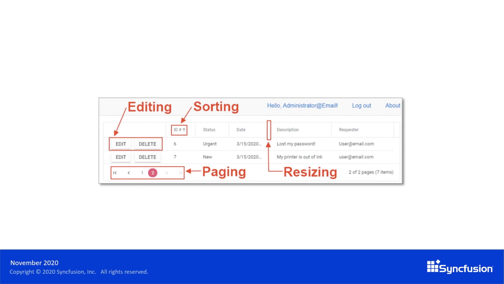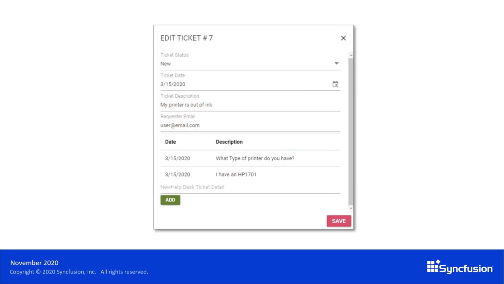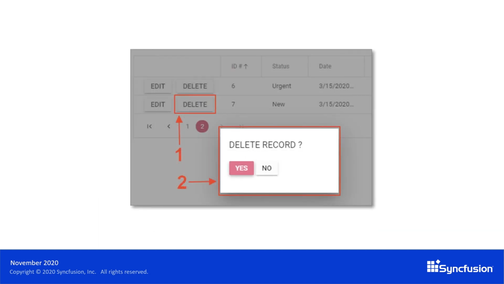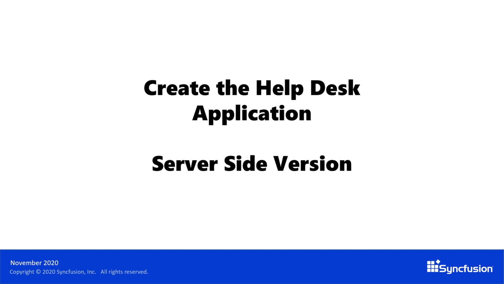This really is the highlight of this presentation, and I will show you 100% of the code required to implement this incredible feature. The help desk administrator can also, of course, edit the tickets, and no application is complete without showing you how to delete records, and there you go.